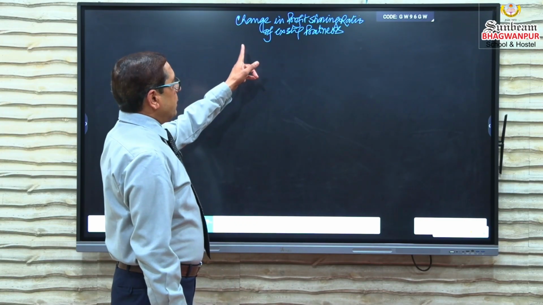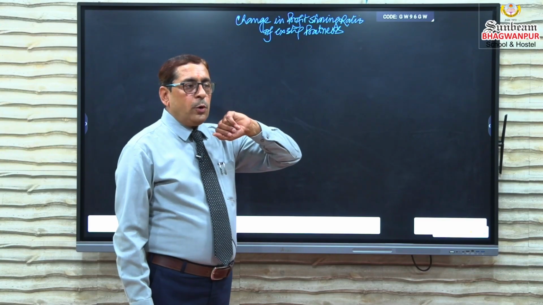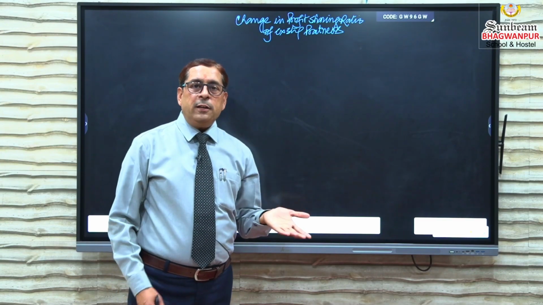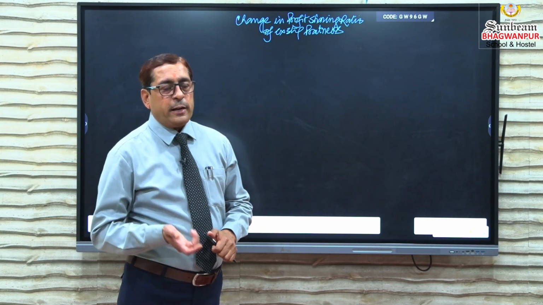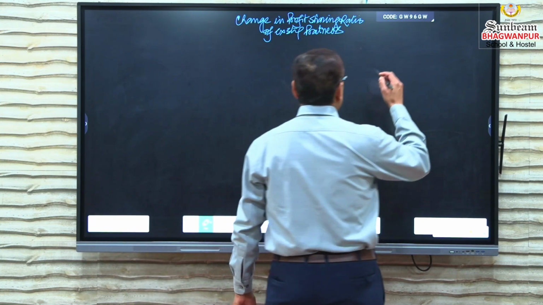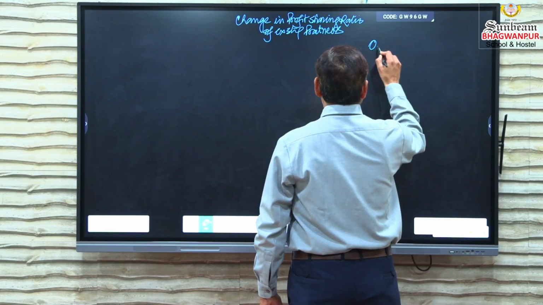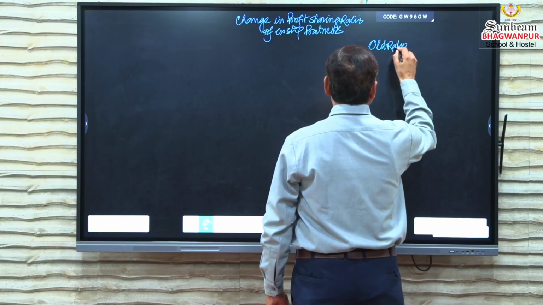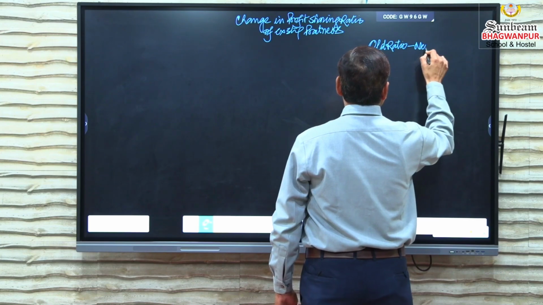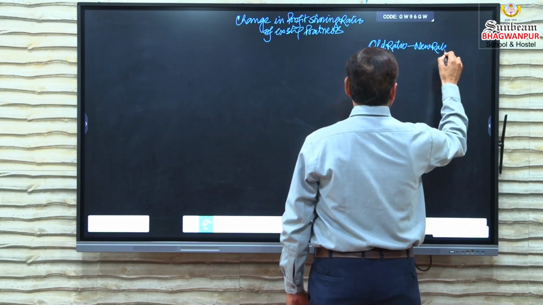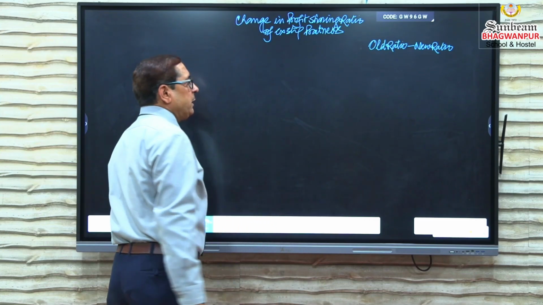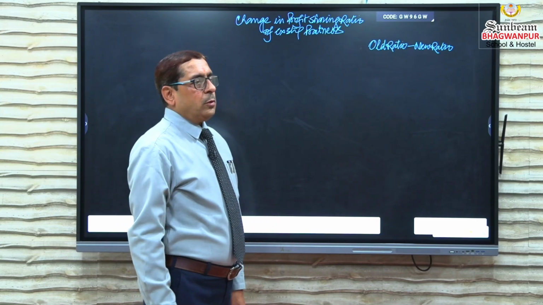In that case, you need to find out after that change which partners have gained, which partners have sacrificed. For that, you can do old ratio minus new ratio.